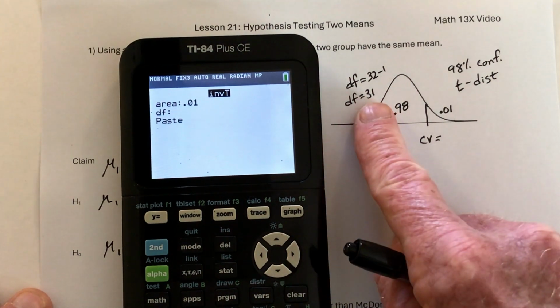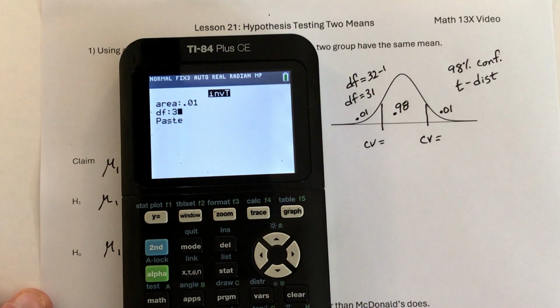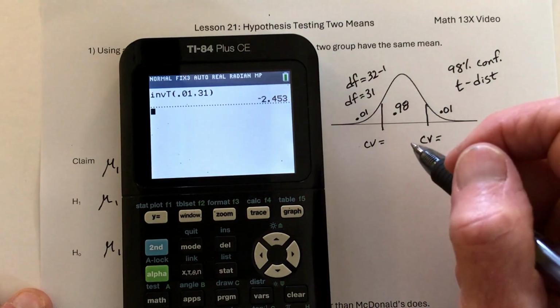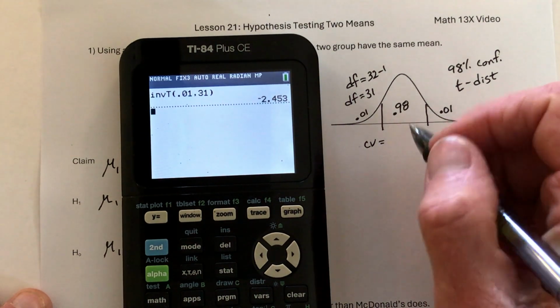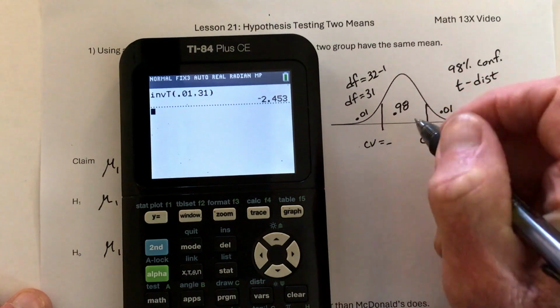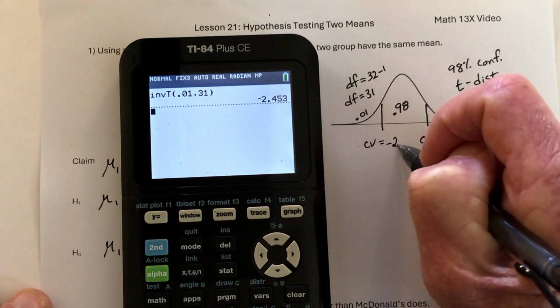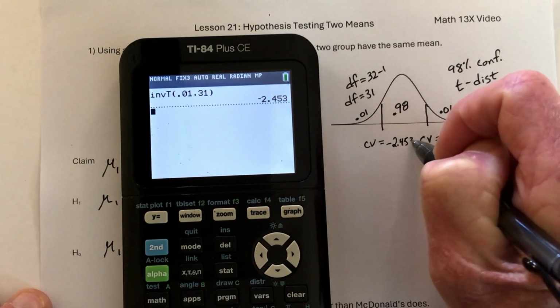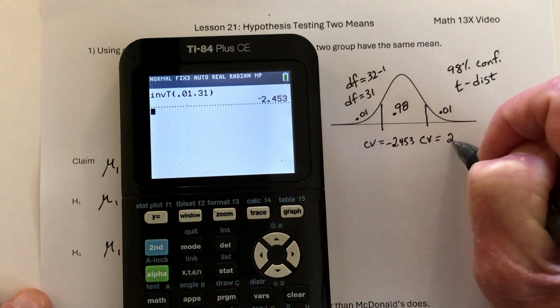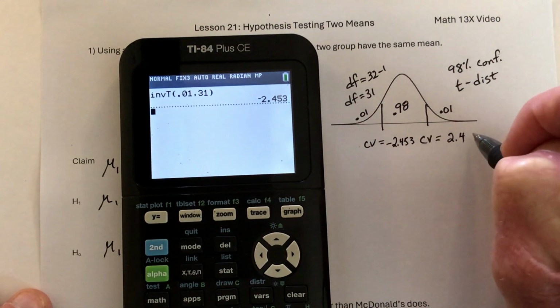The degrees of freedom is 31. And then paste, and once you hit enter, it says that it equals a negative 2.453. And on the other side, it's the same number except positive, 2.453.